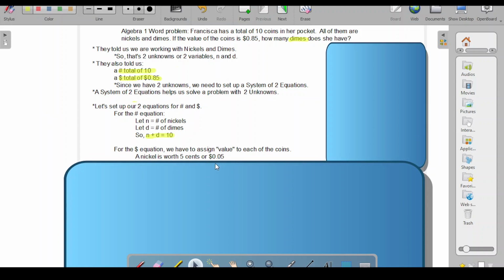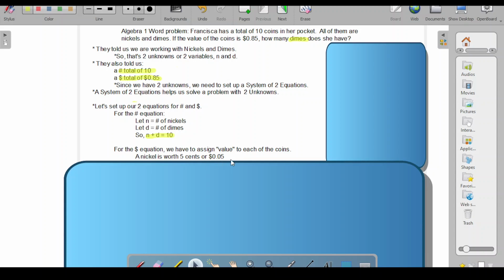Or in math, we write it like this: $0.05. That means 5 hundredths. That's really what a nickel is. So when you see it like this, just know that's 5 cents. Because remember, cents means like century, 100. Cents means per 100. And this 5 is in the hundredths place. So this just means 5 cents.